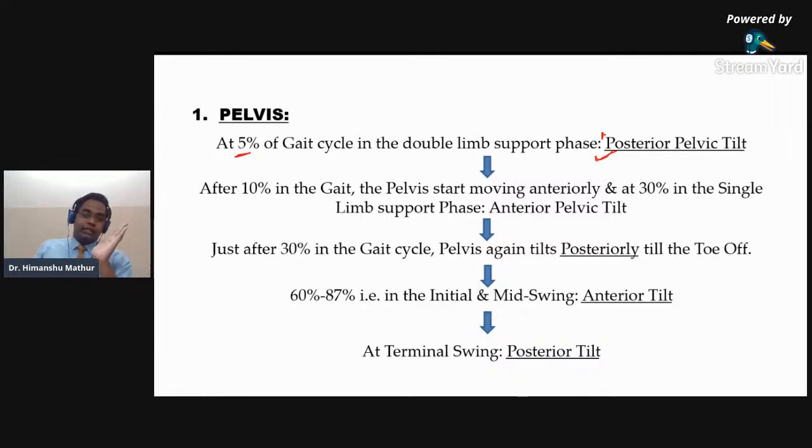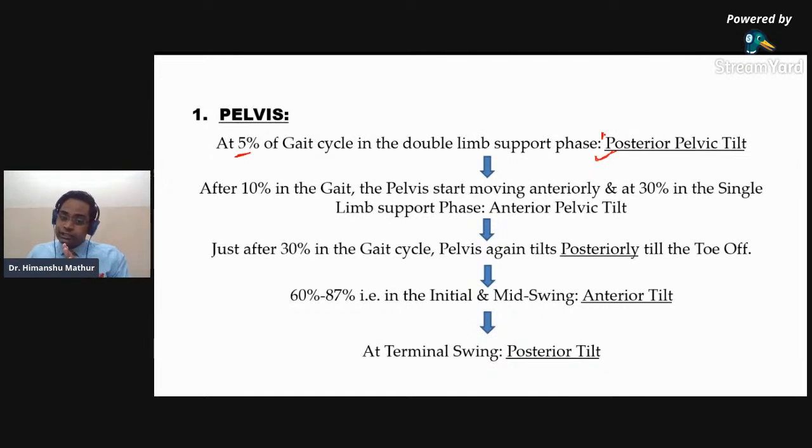So when I did heel strike it was completely posterior, then slowly by 10% it came forward and at 30% it is completely anterior tilt. Okay. Now just after 30% in the gait cycle, pelvis again goes posteriorly till toe off. After toe off it will go posteriorly. Okay. Now 60 to 87%, that is in the initial or the mid swing, then again the pelvis comes anteriorly.